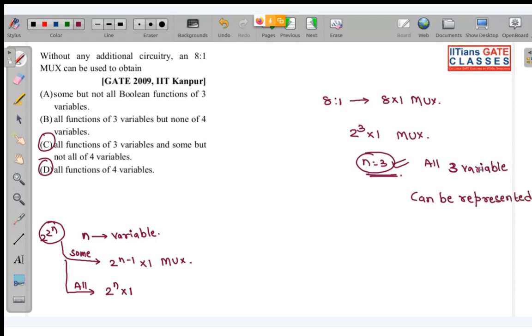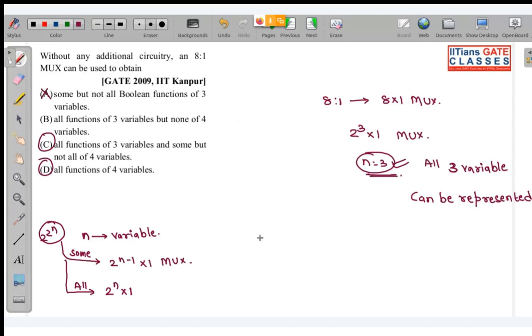Okay. So in which of the options you can see? Option A, you can see some but not all function of 3. So this is wrong. All function of 3 variables but none of 4 variables. Now, none of 4 variables, why it will happen?